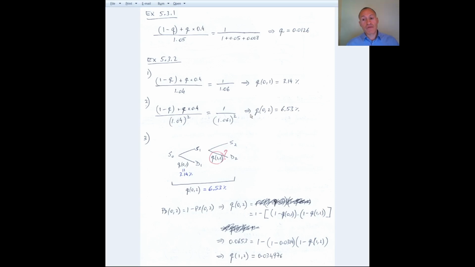So now I have to be careful that what comes out of this equation is this Q02. So it's the total probability between now and 2 years. It's the total probability of default over this 2-year period, okay? What I also want to know is what is the marginal probability of default.